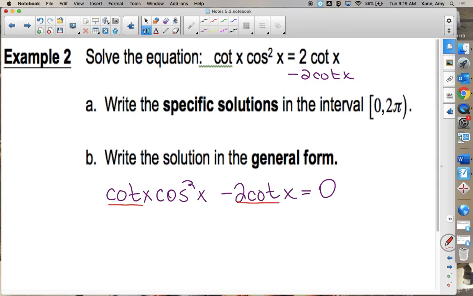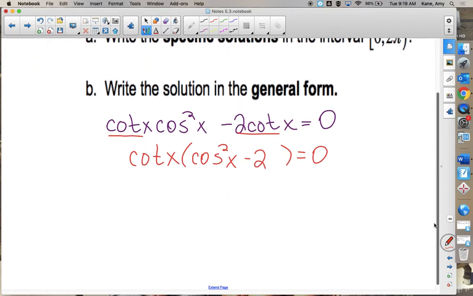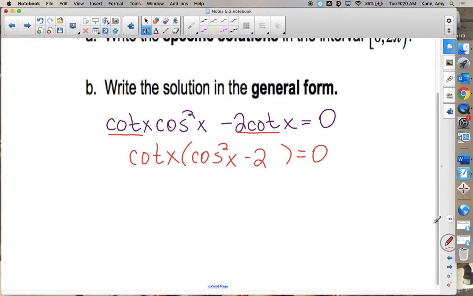So we could take out a cotangent. Say we're not dividing by the cotangent, because then we would lose that answer. But you're still pulling it out, staying in the problem. So that will leave us with cosine squared minus 2. So dividing it out really means factoring it out. You're keeping it in the problem.